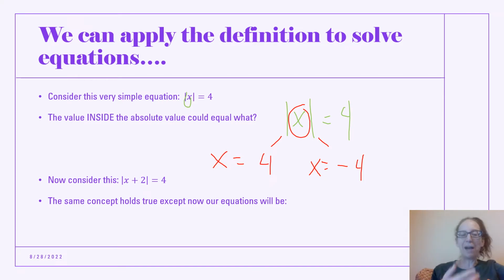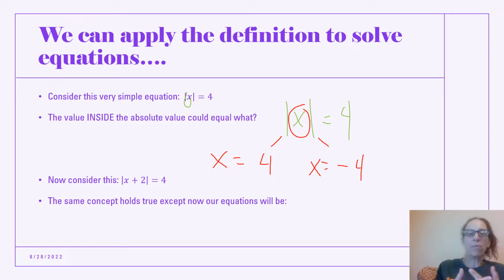So we have the absolute value of x plus 2 equals 4. The good thing about definitions in math is that definitions do not change. We do not change their meaning. Once you know what something is, it's going to be that for good. You don't have to second guess it. So absolute value is distance from 0. And so here we have the absolute value of x plus 2 is equal to 4.